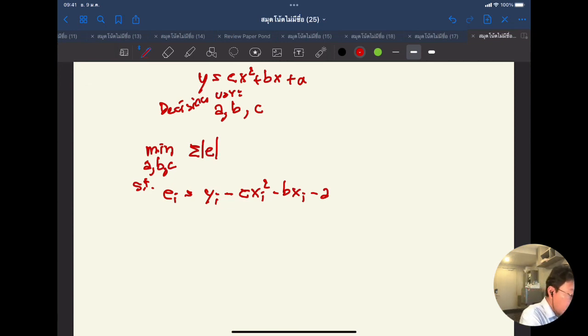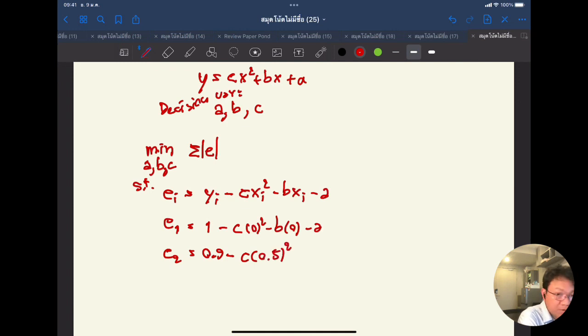All right. So, for example, for E1, the output is 1, right? So you subtract it by c 0 square minus b 0, right? Minus a. And what about E2? E2, we have 0.9 here, so it's c, and input is 0.5.